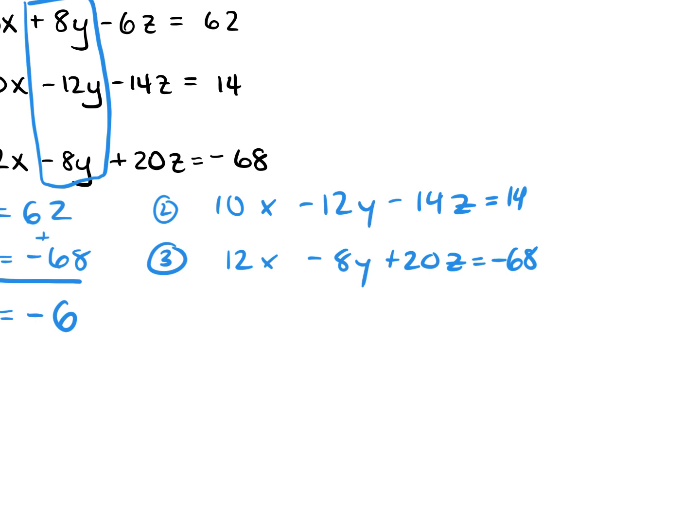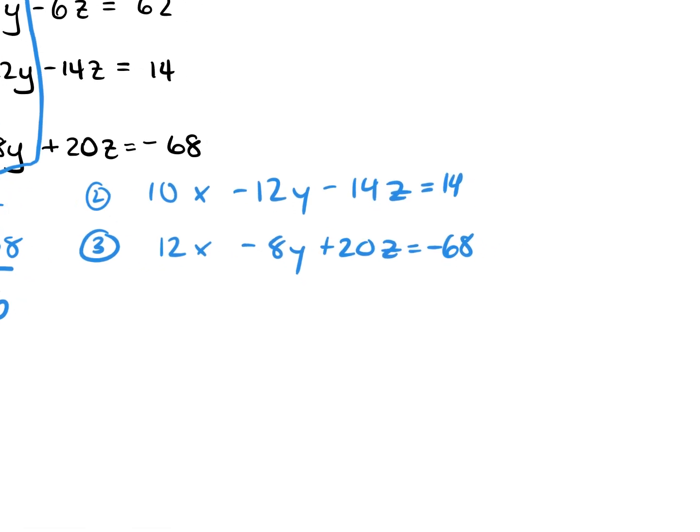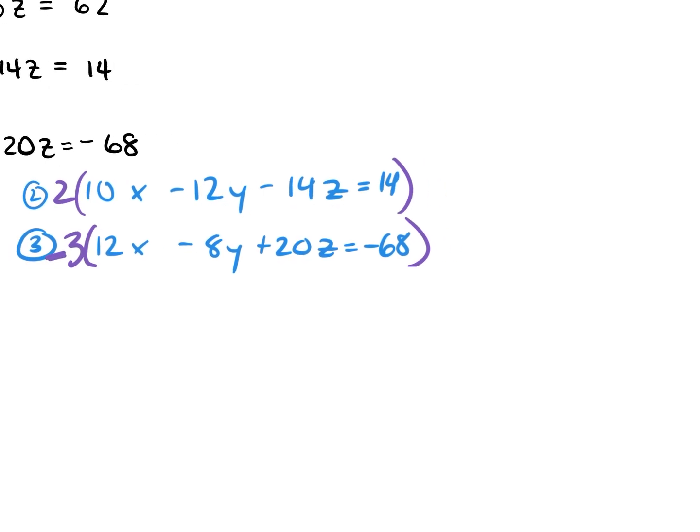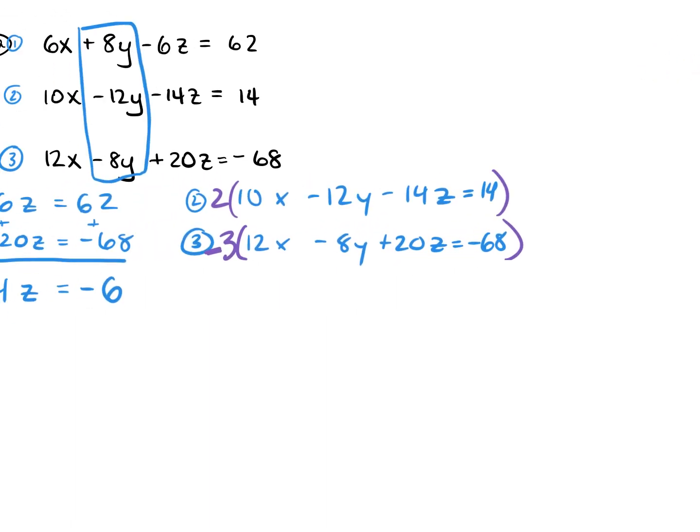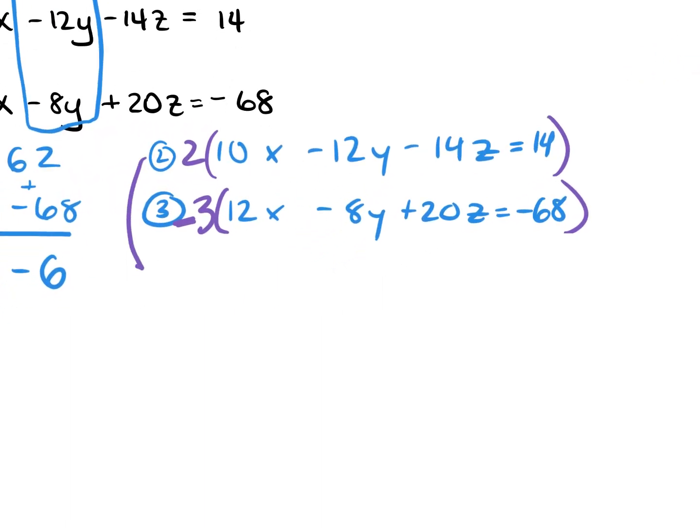Perfect. We want our y's to be 24 because that's a common factor of both 12 and 8. So I'm going to multiply the first equation times 2, and the second equation we can multiply by -3, because remember we want it to be the same number but opposite signs. So I'm going to multiply and I'll write it below. My new first equation is going to be 20x minus 24y minus 28z is equal to 28.